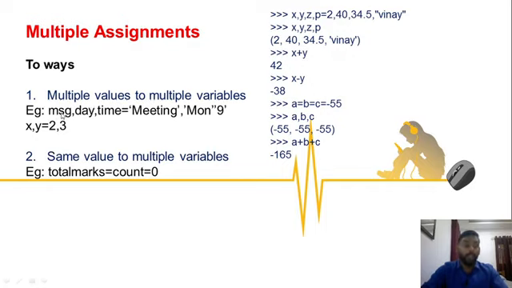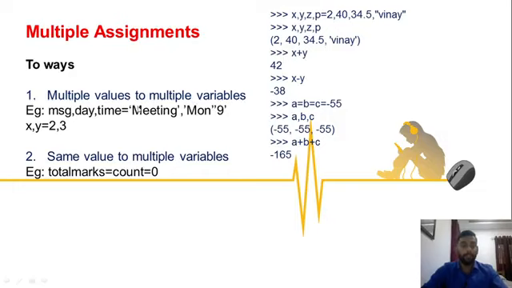Then multiple values to multiple variables. Here we have the first variable message, then day, then time. Message comma day comma time equal to meeting comma month comma 9. What happens with this statement? Meeting will be assigned to message, month will be assigned to day, and 9 will be assigned to time. We know meeting is a string type, so message is a string variable.